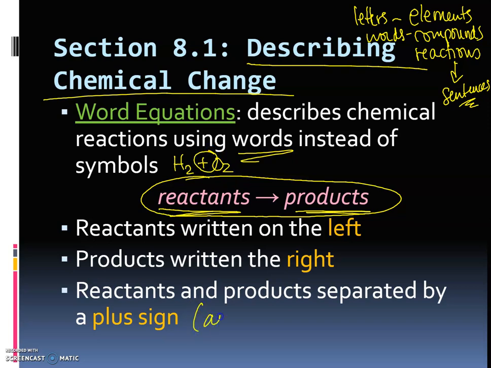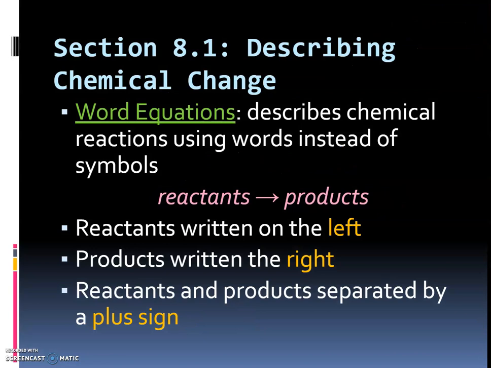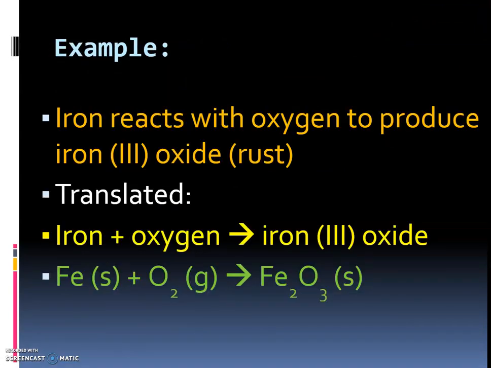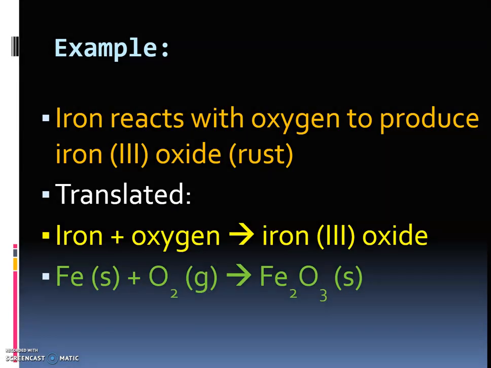That plus sign really means and, not necessarily that you are adding them together. And then this arrow here is called the yields sign. And that yield sign allows for us to show that one thing transforms into another and obeys that law of conservation of mass.